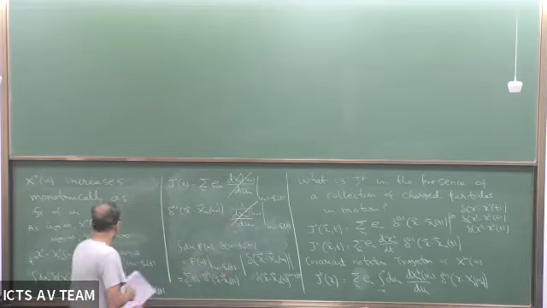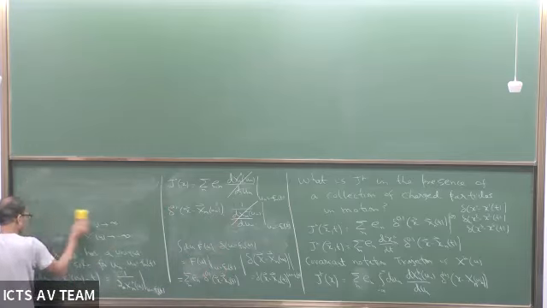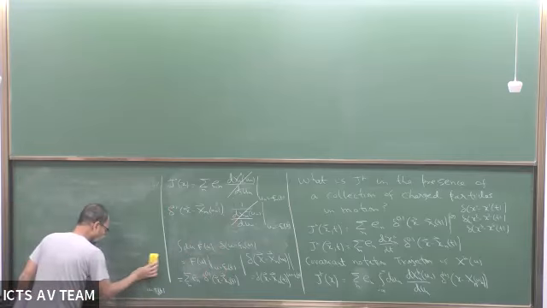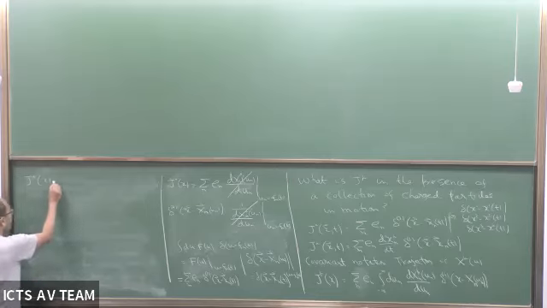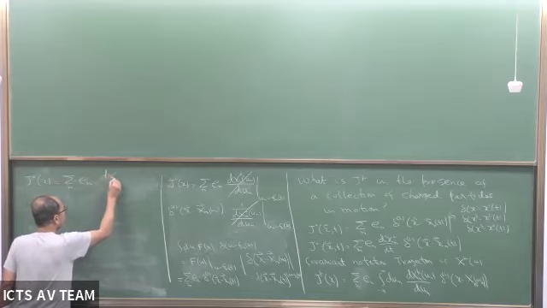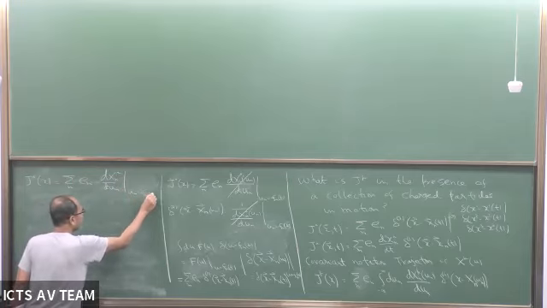So let me write here. So Ji of x from the same formula will be sum over n en dxn i dun at un equal to Fn of t.